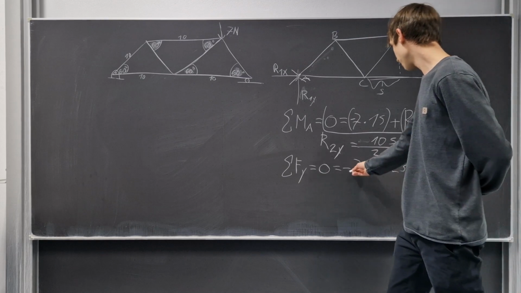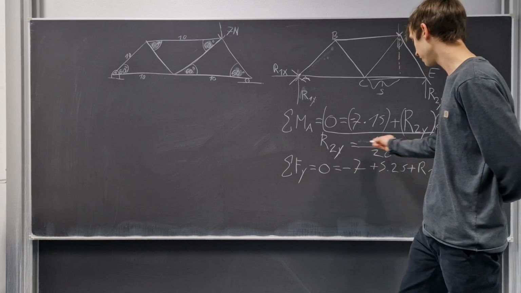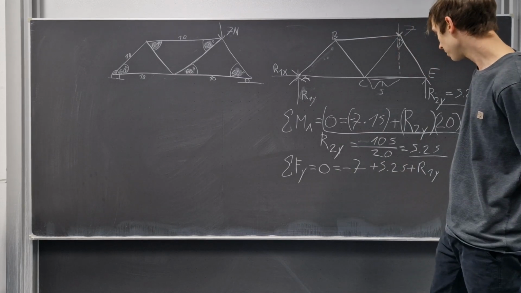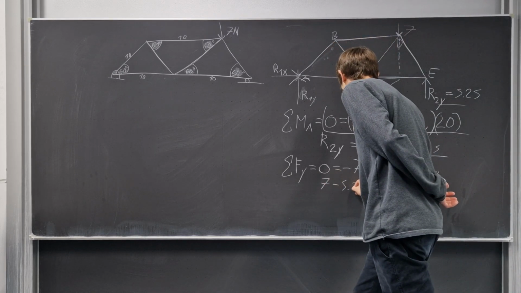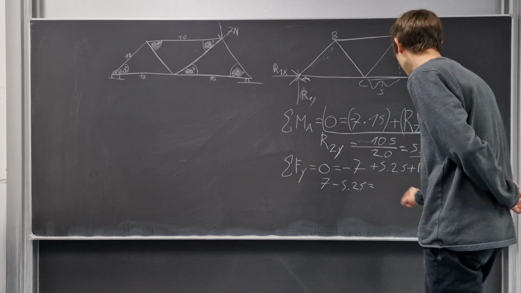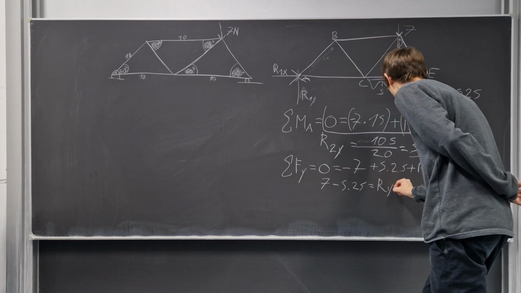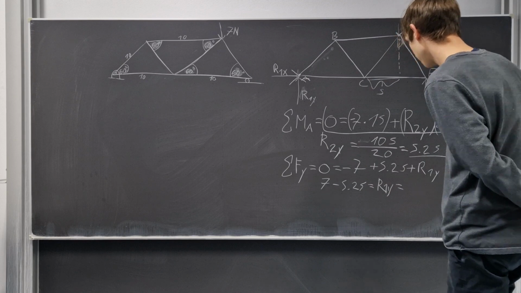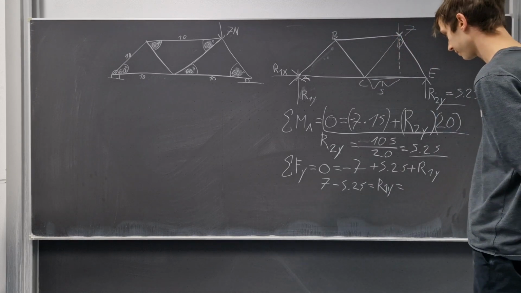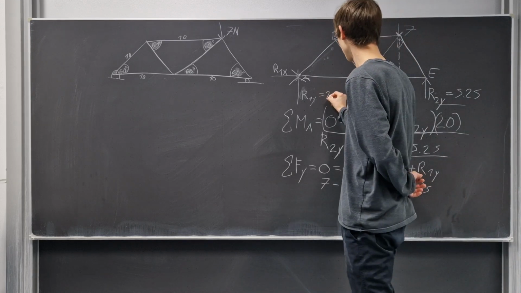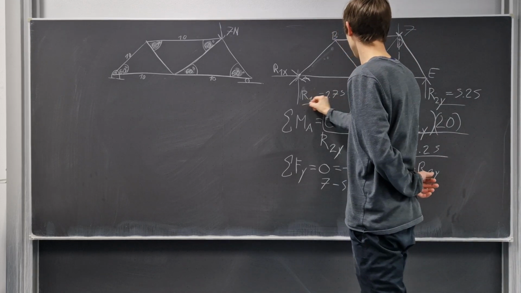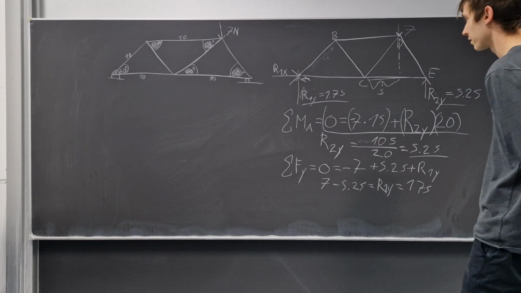Well, minus 7 plus 5.25 plus something is 0. It's 7 minus 5.25. R1Y will be 1.75.